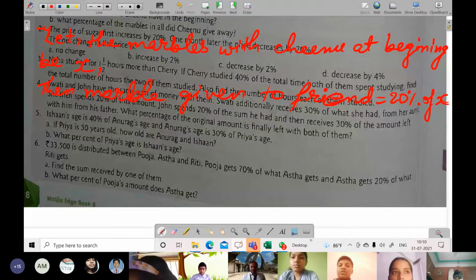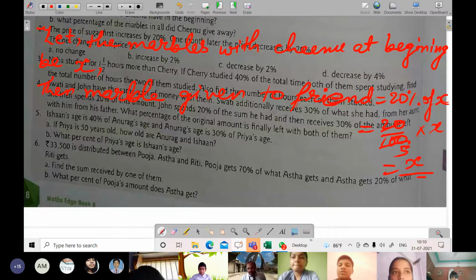Okay, and thereafter you can find it is equal to 20 by 100 into x. So 20 divided by 20 is 1, 100 divided by 20 is 5, that is x by 5.